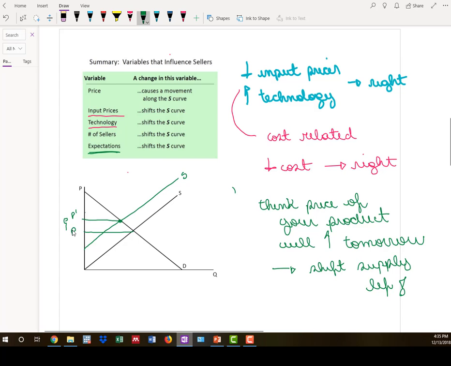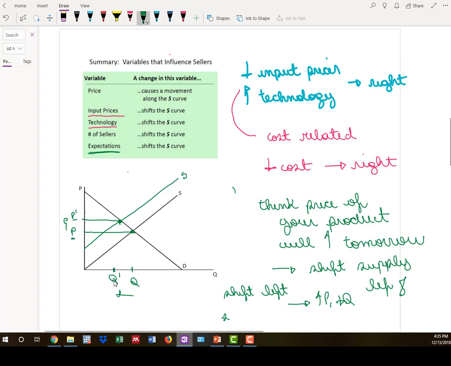Now, when the curve shifts to the left, what happened is quantity went down from here to here, and price went up from here to here. So when I shift left, what happens is increase price, reduce quantity.